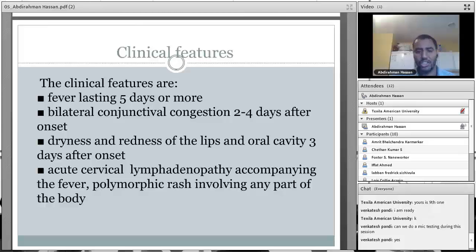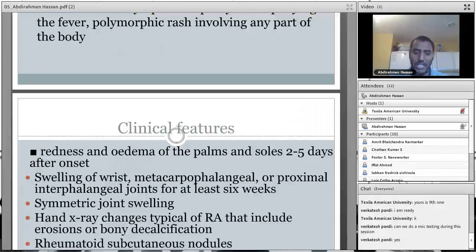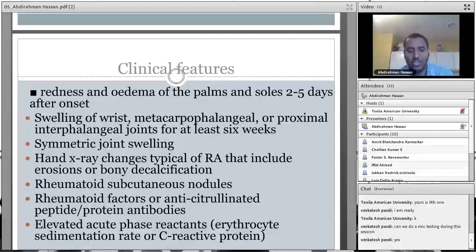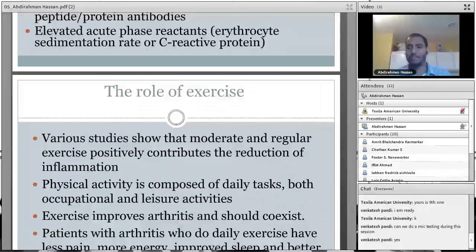Diagnosis and investigation. Patients with rheumatoid arthritis usually present with a chief complaint of pain and stiffness in many joints, such as wrists, proximal interphalangeal joints, and metacarpophalangeal joints, which are the parts of the body where inflammation takes place.